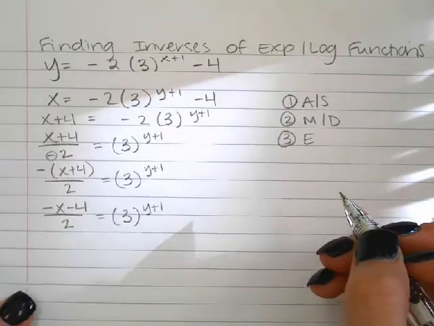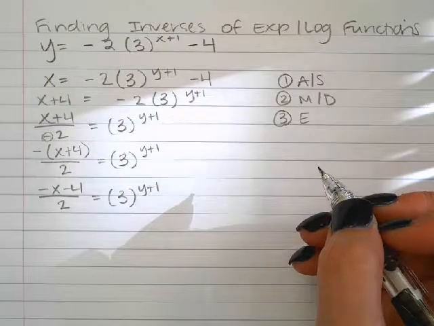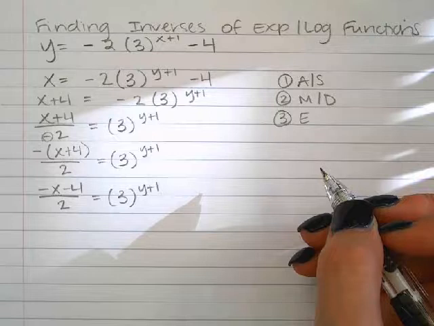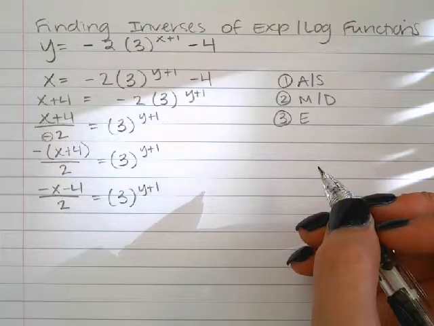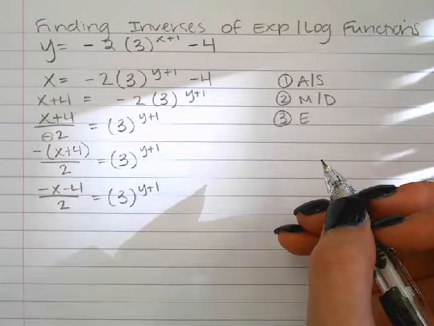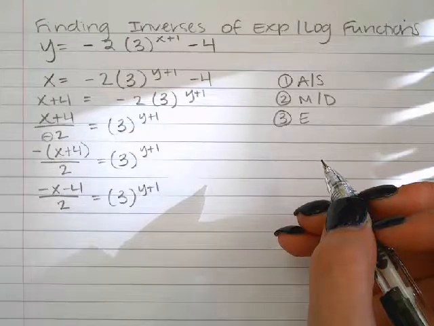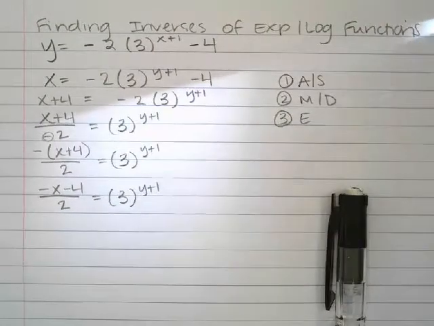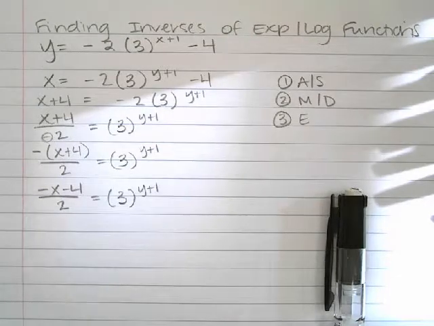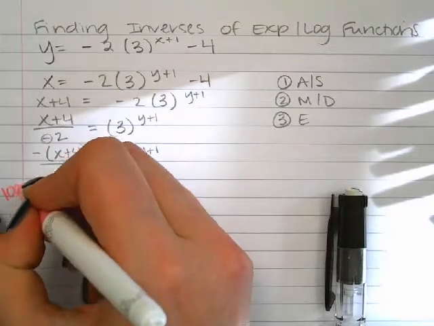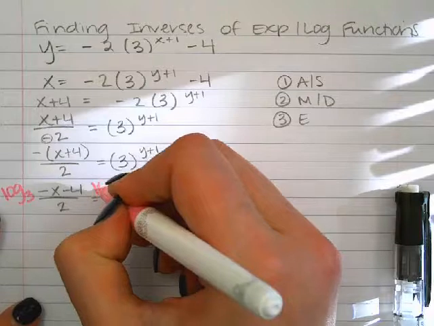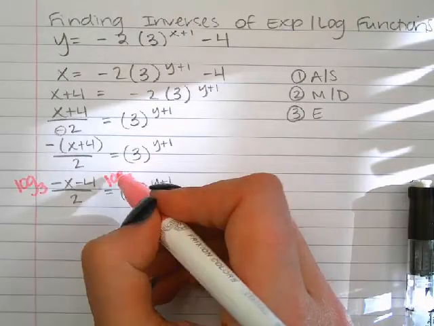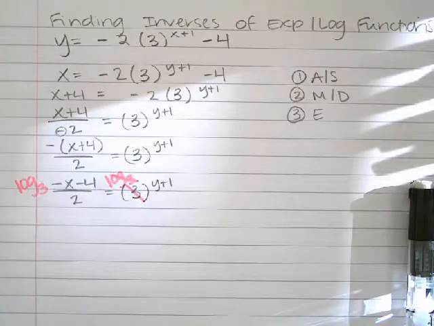At this point, you can Tootsie roll to get this into log form, because we know that logs are the opposite form of exponents, or we can do log base 3 on each side to undo that operation. I'm going to log base 3 each side. So log base 3, log base 3, and the log base 3 on the right side cancels with that 3.